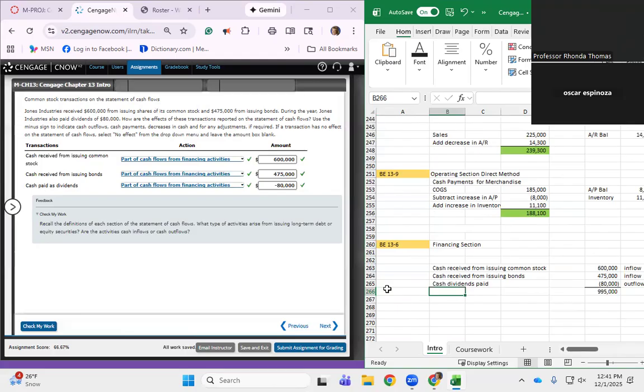So this is an increase or cash flow from, because from means increase, used means decrease. Cash flow from financing section of a positive 995,000. So that would explain, if that's all there is in the financing section, that one section of the cash flow statement.